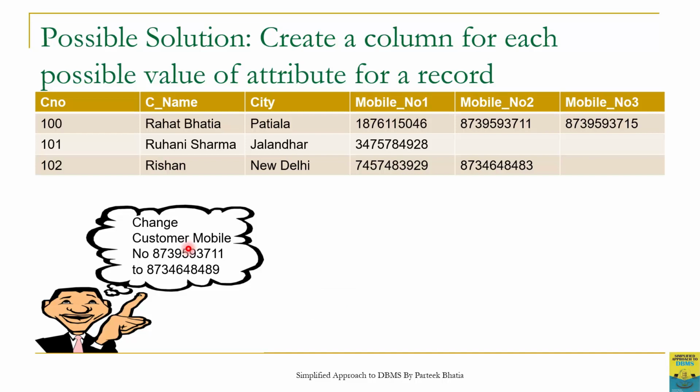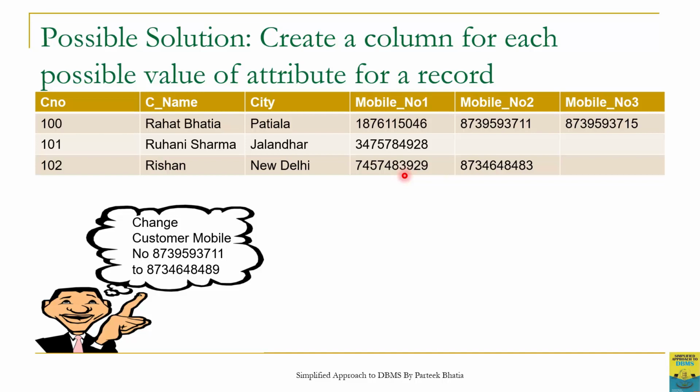Now let us consider the task to update this mobile number to a new number. In this case, the programmer has no knowledge about the column name on which the update needs to be performed. He has to write update statements for mobile underscore number 1, mobile underscore number 2 and also for mobile underscore number 3 because this number can appear in any of the columns. So the programmer has to issue multiple update statements and in this way the simplicity of the relational model is lost.